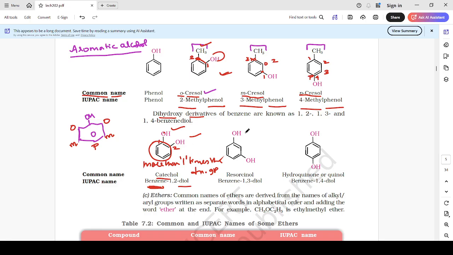If the OH group is present in 1 and 3 position, I call the resorcinol. Since 2 times of OH is present, we call it by the parent benzene 1, 3 diol. Here I can see they are present in the 1, 4 position here. The IUPAC name is benzene 1, 4 diol. If not, we call it as quinol or hydroquinone.